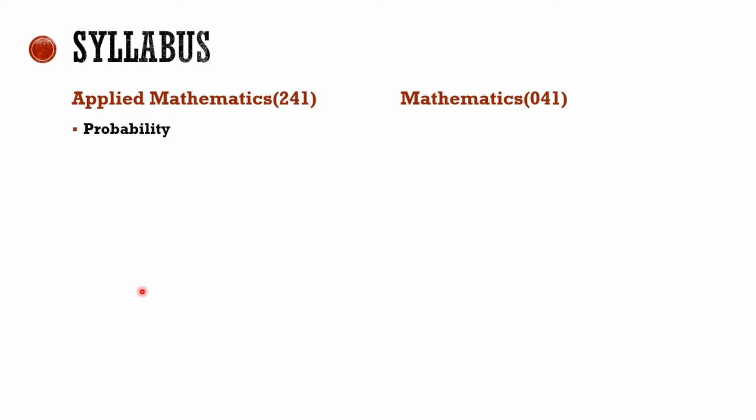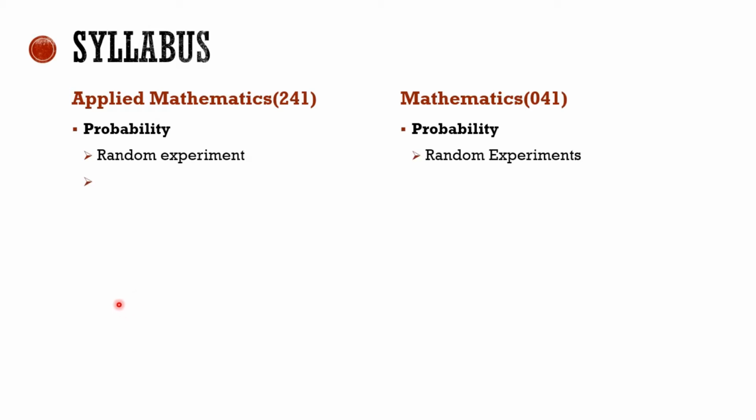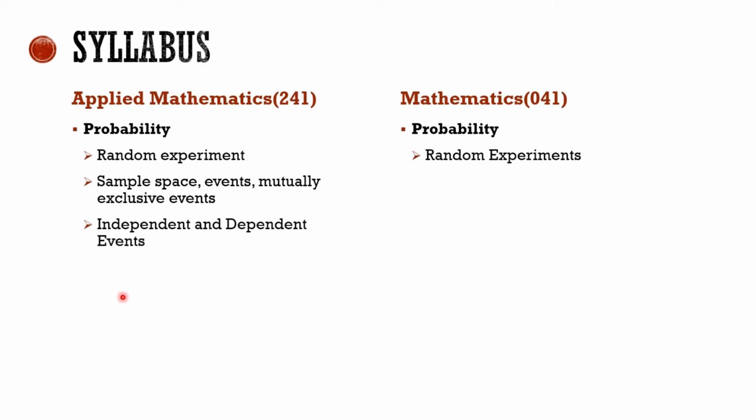Then next, probability. Probability is given in both, that is common syllabus, applied mathematics and mathematics core, having code 041. Some new topics are given in applied mathematics, which is the law of total probability. It is given in applied mathematics only.